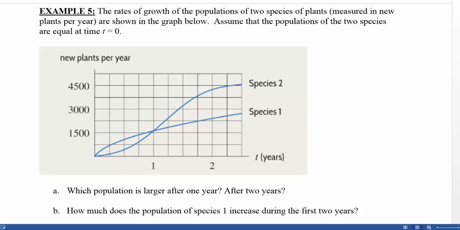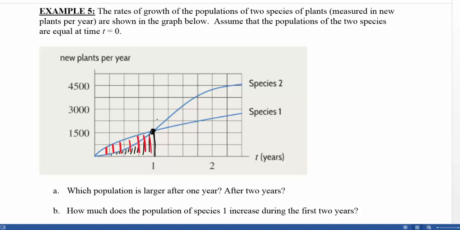So let's start by looking at what's happening after 1 year. So after 1 year, we're looking at the area under the curve for these 2 species. So the area under the curve for species 2 is the area that's right here. And then the area under the curve for species 1 is going to be this whole area here.